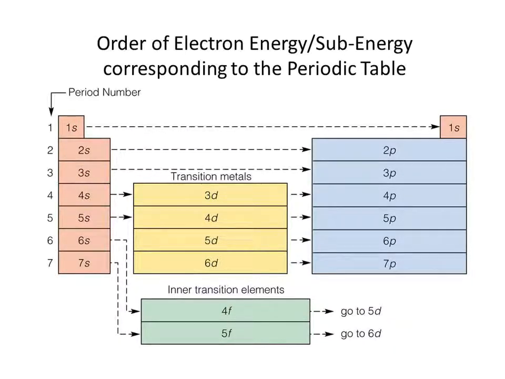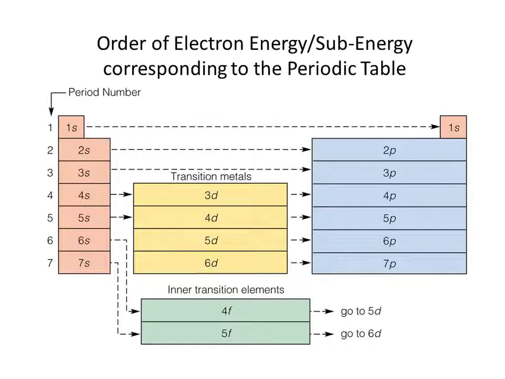Then I move down to my second energy level, and I have 2 sublevels, the S sublevel and the P sublevel. The S sublevel can hold a maximum of 2 electrons. The P sublevel can hold a maximum of 6 electrons.